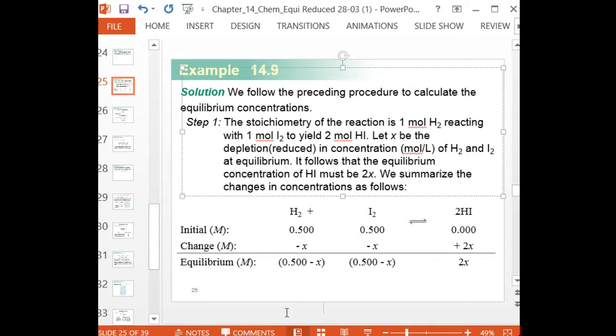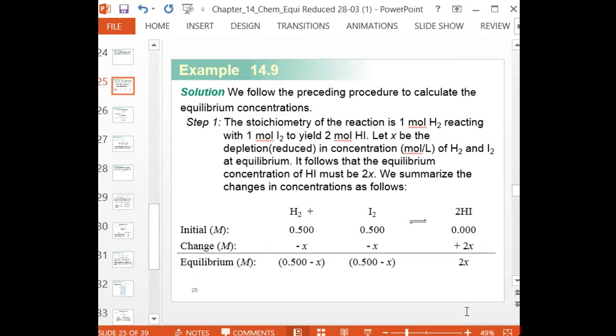Teacher, why is the sign for x negative for hydrogen and iodine?